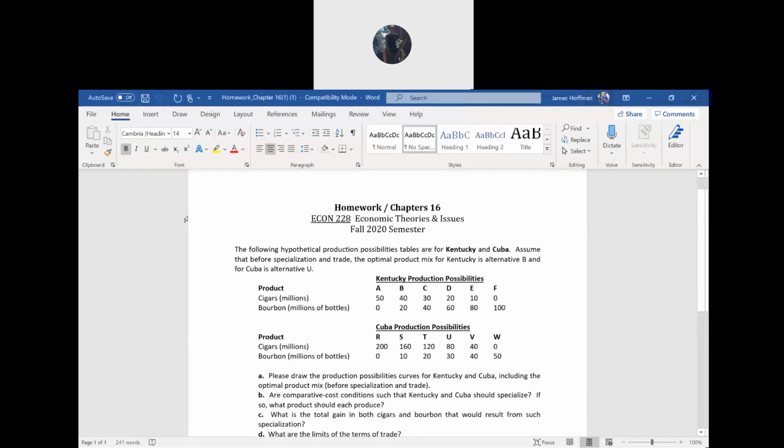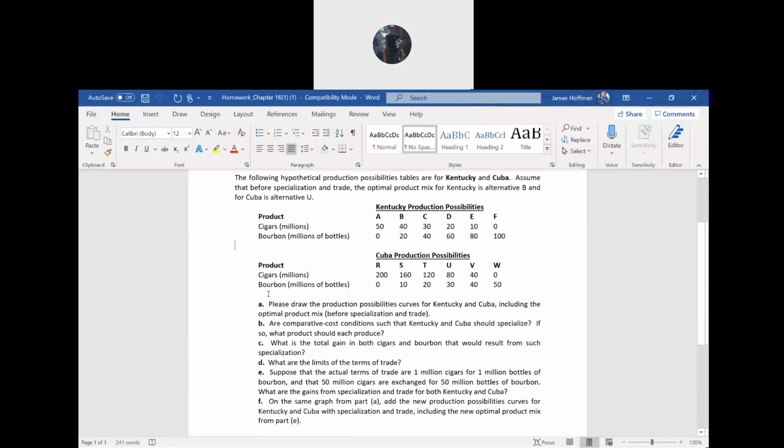So here's another problem of this similar type, right? The same process, but a different example. So for your homework, you've got production alternatives for Cuba and Kentucky, and they're producing different production alternatives of cigars and bourbon. So just graph those.